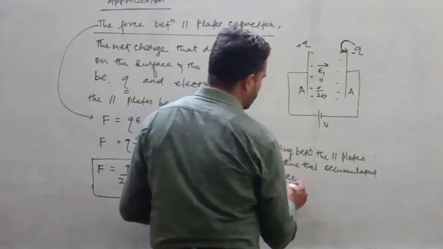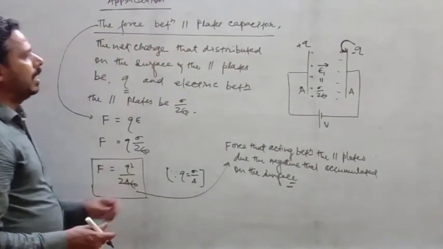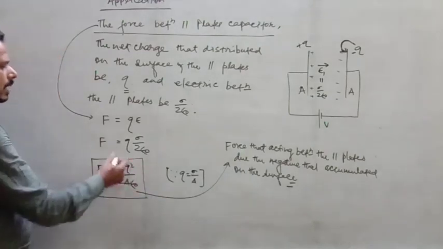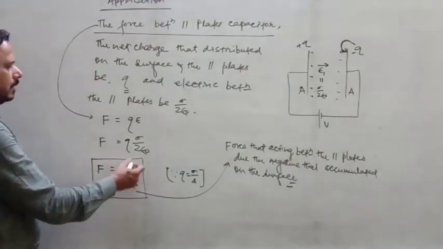So by this way you can see its application. So always there is a force between the parallel plates capacitor, and this one is half of Q square by A epsilon naught.